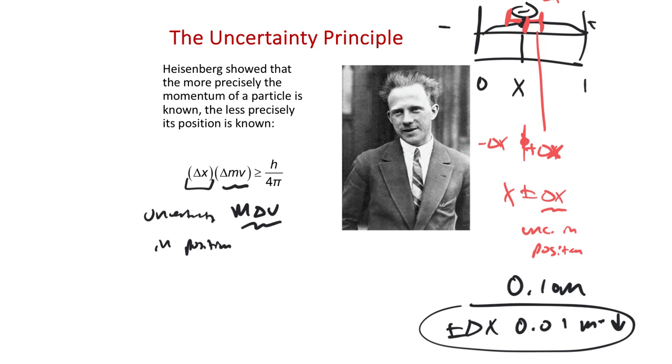So we have some velocity that we measure, and it's the uncertainty in the velocity that factors into this equation. Again, smaller is more precise, so the smaller we make delta v, the more precisely we know the velocity. It's the inherent nature of particles that we have this limitation.